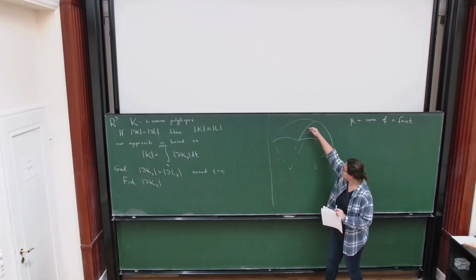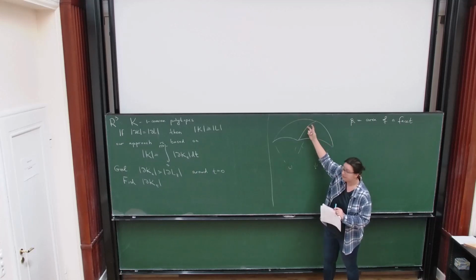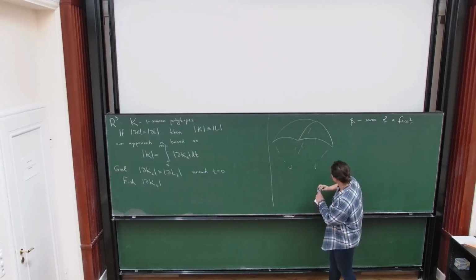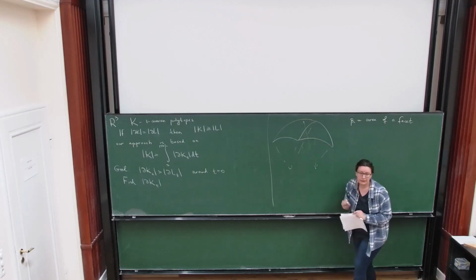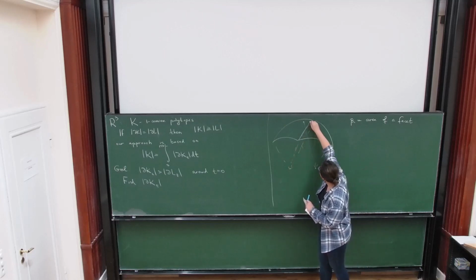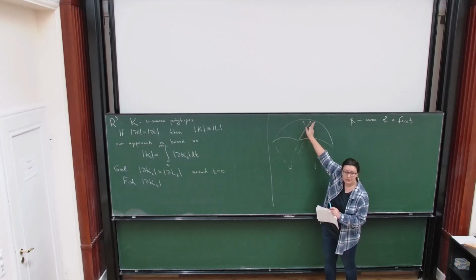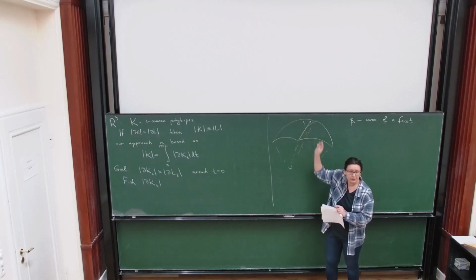But I can still define the angle at which these two spheres meet, the angle between them at the edge, at every point on the edge. If I look at the radius at this point, and the radius at the other sphere at this point, the angle between the two normals of the spheres at this point, I'm going to again denote by the angle gamma, similarly as before.